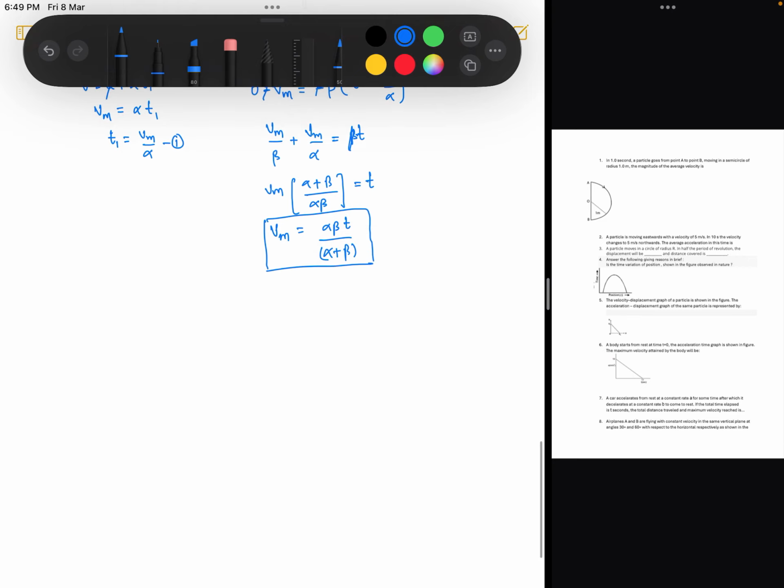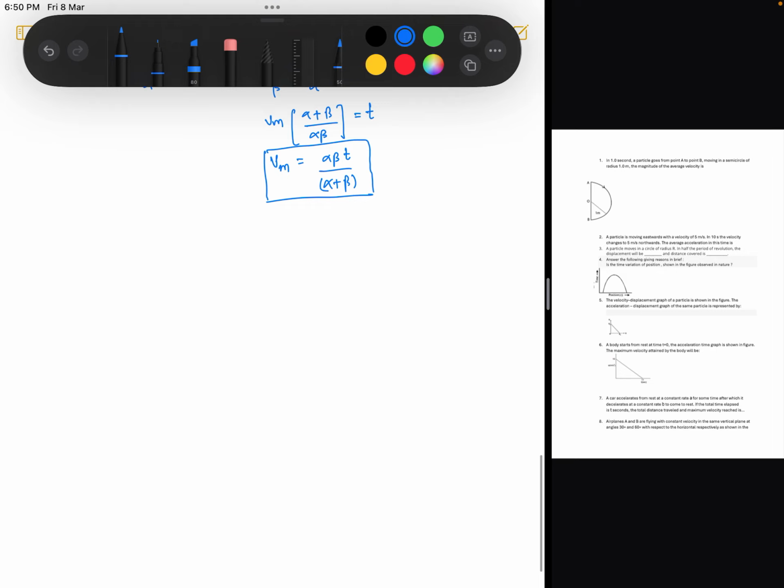Now we have gotten the relation between the velocity V maximum and this time period. Since it is a motion in which the particle is accelerating with a constant rate and also decelerating up to some time, we can draw the graph between the velocity and time.